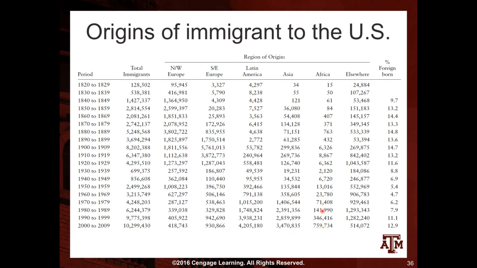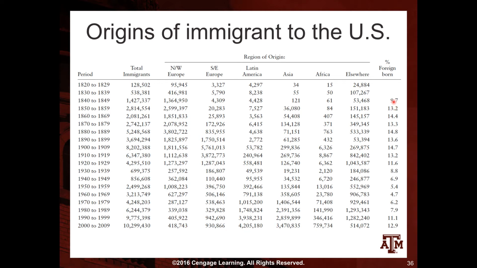You see the number of Africans coming to the US doubles between 1990 and 1999, and then again from 2000 to 2009 here. But still these numbers are smaller in total than the ones coming from Latin America and from Asia. And the numbers of Latin Americans and Asians coming to the US in more recent years are now higher than those coming from Europe.